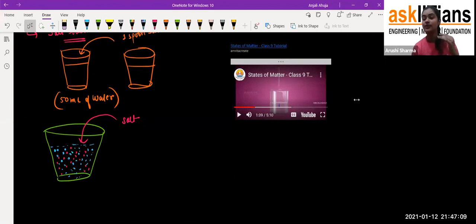Why does the level not rise? She or he will get confused, and that's how you can explain that the water particles have spaces, and that is why when salt is added, the particles of the salt fill up that space, and that's how we get salty water.